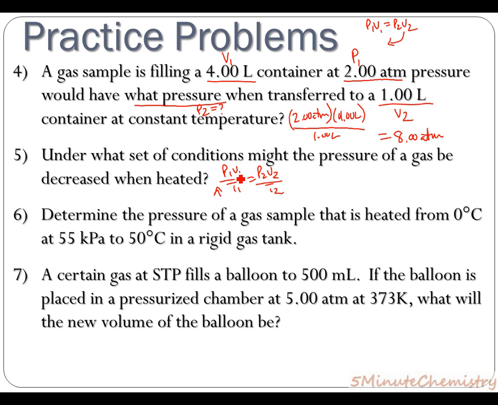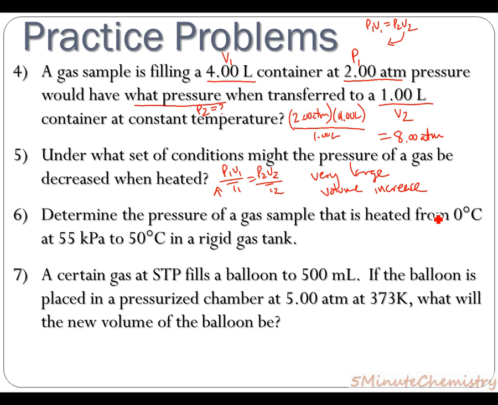So the only way that we can do this is if we have a very large volume increase. Okay, since these are inversely proportional, right? A large volume increase results in a pressure decrease. As long as the volume increase is large enough, it offsets the temperature increase.